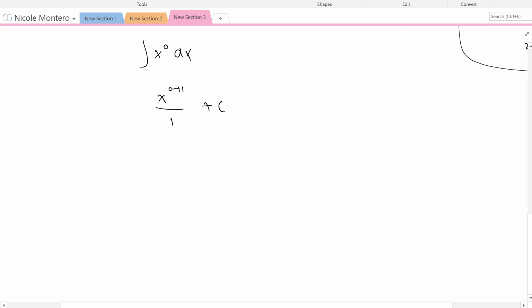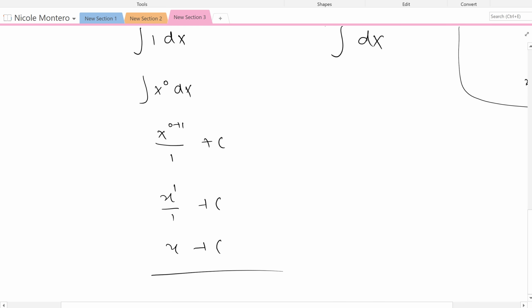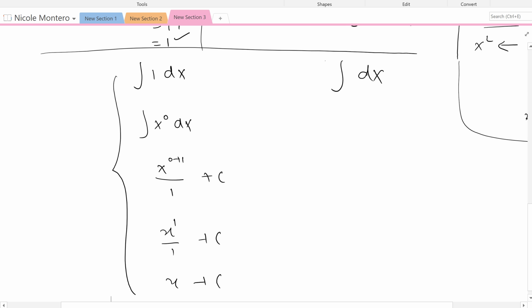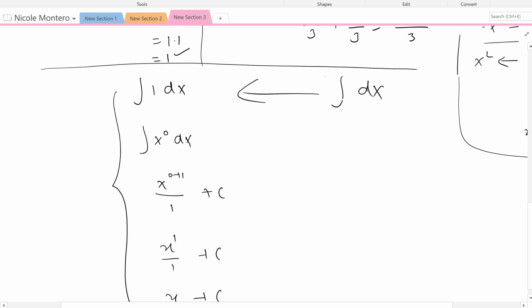So we get x to the power 1 over 1, so we get x plus c. So ultimately the antiderivative of 1 is x. That's another way of proving it. So whenever they write integration dx, that means there's always a 1. Good, perfect, cool.